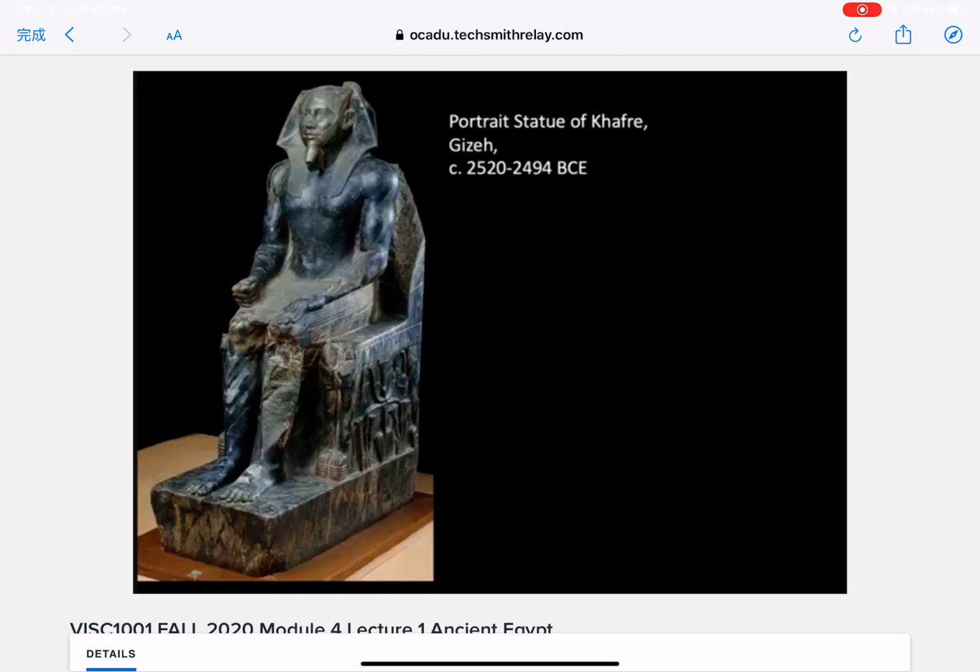Okay, so let's break this down. We can see that Khafre sits on a throne, and it's a lion throne. You can see that each leg of the throne ends in this sort of claw. And we can see that the sides of the throne are also ornamented with intertwined lotus and papyrus plants, which are both symbols of the united Egypt.